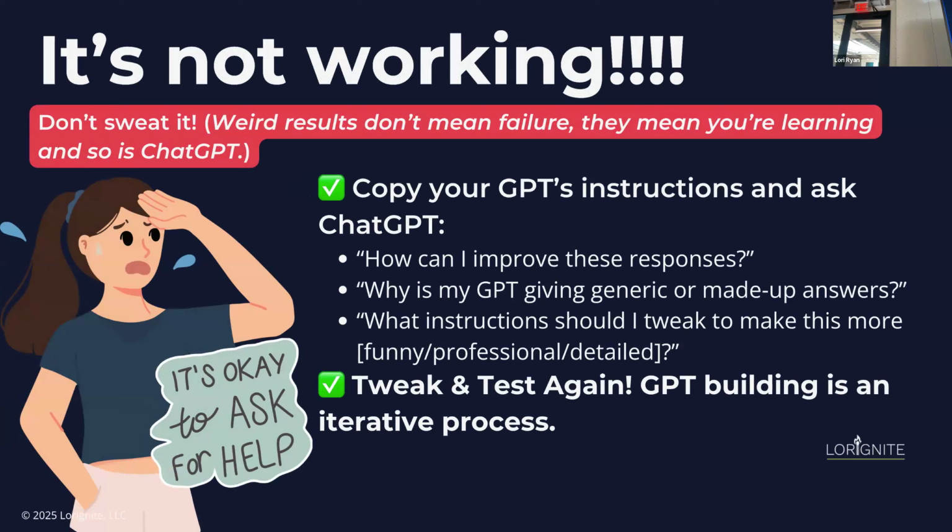Don't think that because you built a ChatGPT once, it's ready to go. It needs to be updated or checked every time OpenAI does a release. There are always new models. We were just on a call today about O3 and O4 Mini and alphabet soup. People are saying the custom GPTs don't work with those new models yet, but I do believe they work with 4.5. Maybe we'll test that while we're here today.